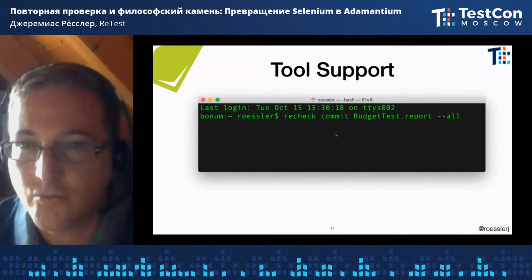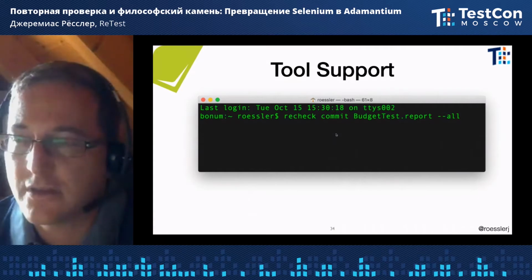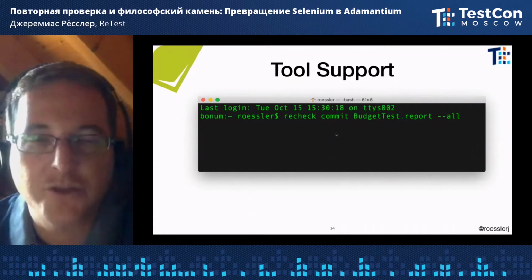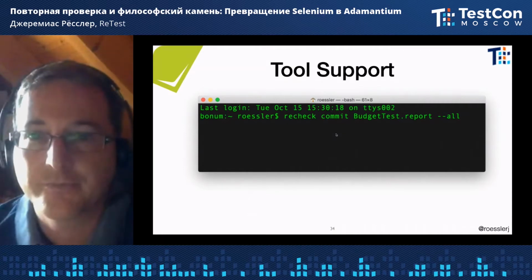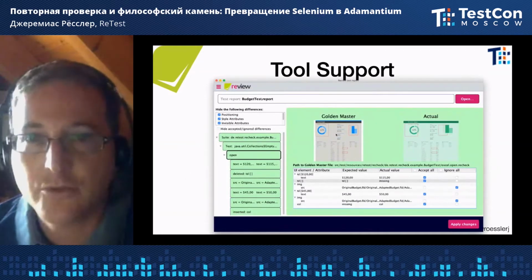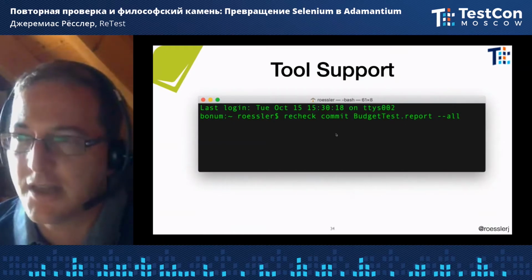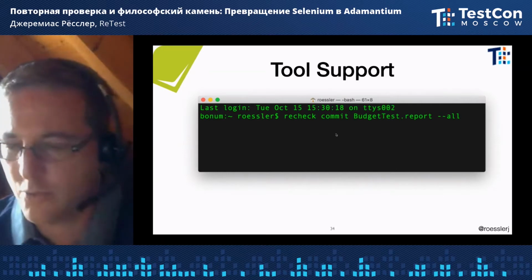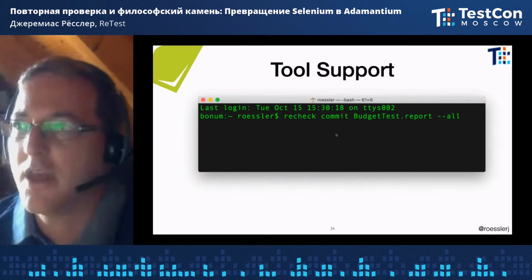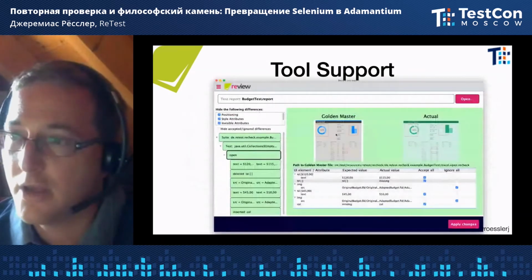So here you would apply all changes, but obviously you can use a different filter and just apply the change to the logo and see what is the rest. And there are actually two tools for that. This one is a CLI, command line interface, tool, and the other one is the GUI that you can use.